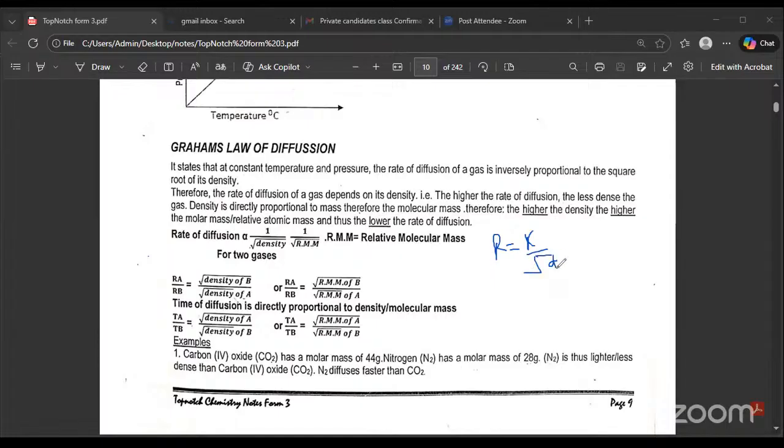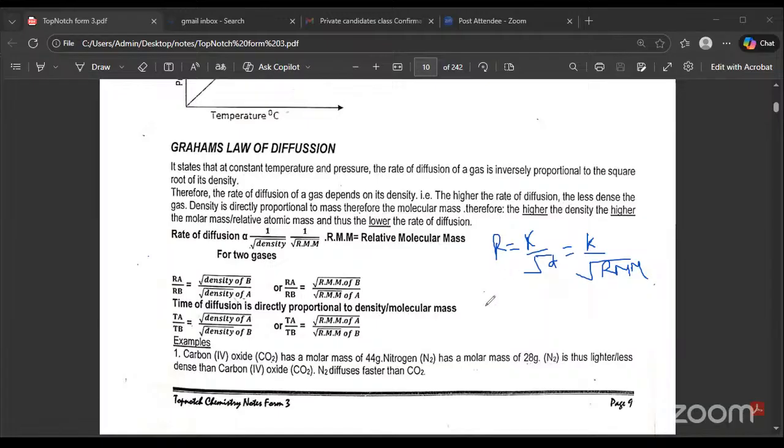Let me write D for density, which is also equal to K over the square root of RMM. Now, this one we have taken a shortcut. You are just keeping it directly. If you make K the subject of the formula, I want you to make K the subject of the formula so that you see.